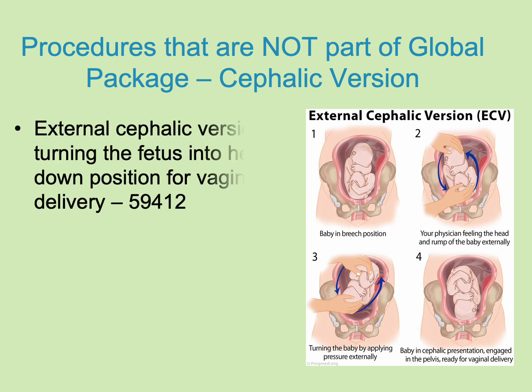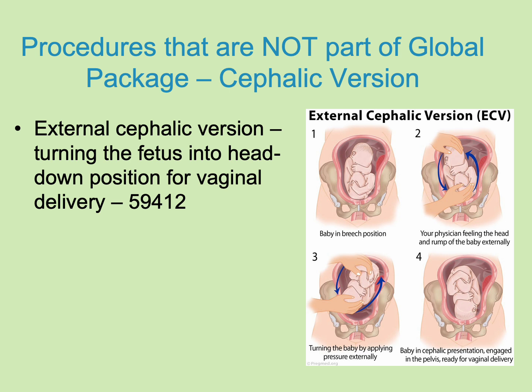External cephalic version. This picture is kind of misleading because it looks like the physician has their hands on the fetus, but actually it's outside the uterus, and they're moving the baby from outside, not on the fetus. But anyway, 59412, turning the fetus to a head down position for vaginal delivery when the baby is breech.